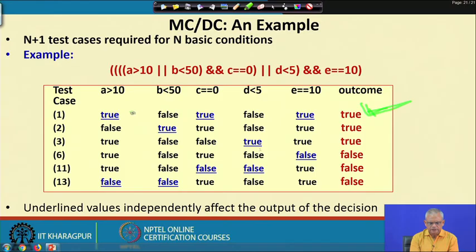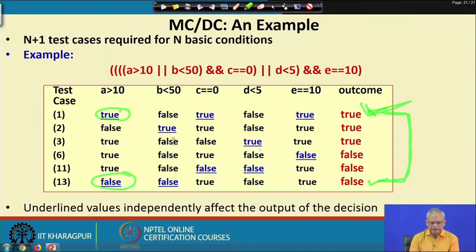We scan here and see that for the same values of the other sub expressions, as it toggles between true and false, the outcome becomes false. So, these two test cases together will achieve the independent evaluation of the first condition.